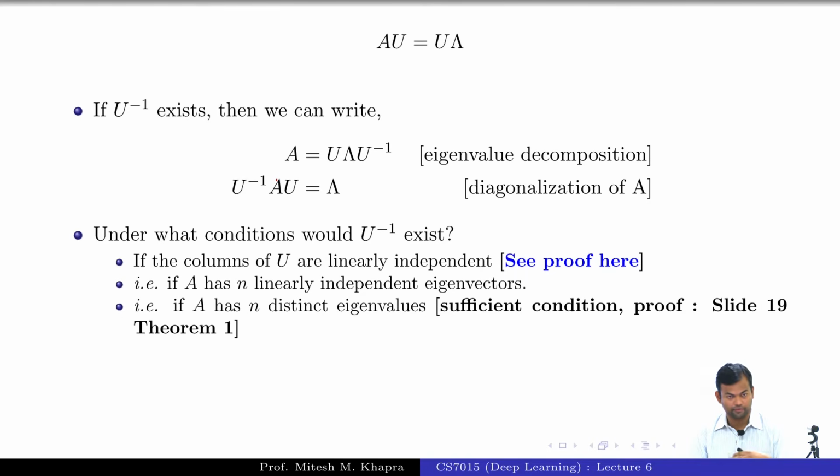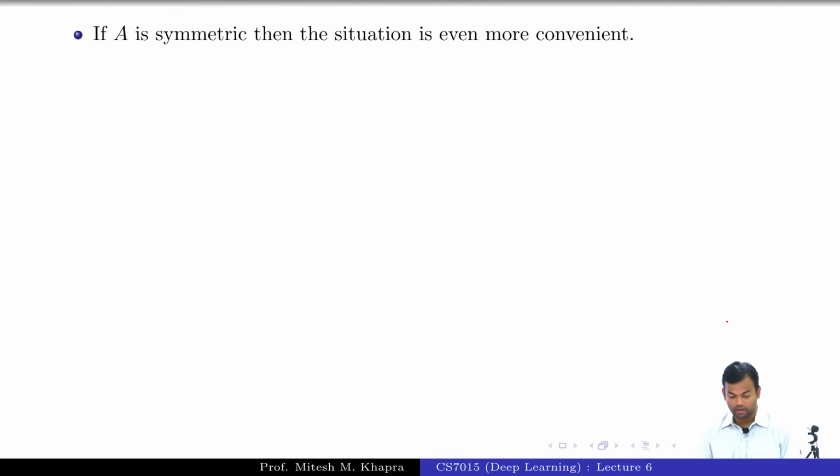This just follows whatever I said. Now, do we need a proof for this? Slide 19, we did this. I didn't realize it. Okay, fine. Now, if A is symmetric, the situation is always more convenient.